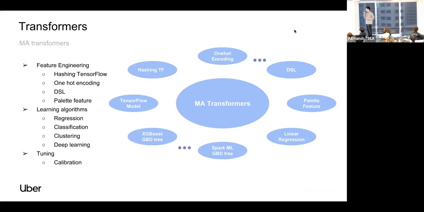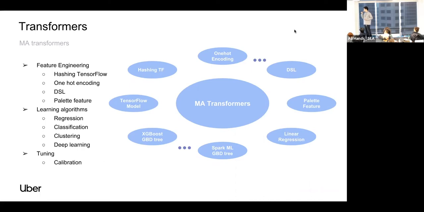Palette features are common features available in the database contributed by our customers, allowing them to share common features. We also develop estimators and transformers for learning algorithms. For example, linear regressions, GBDT trees, either XGBoost or Spark implementations, and deep learning models, for example, TensorFlow models.